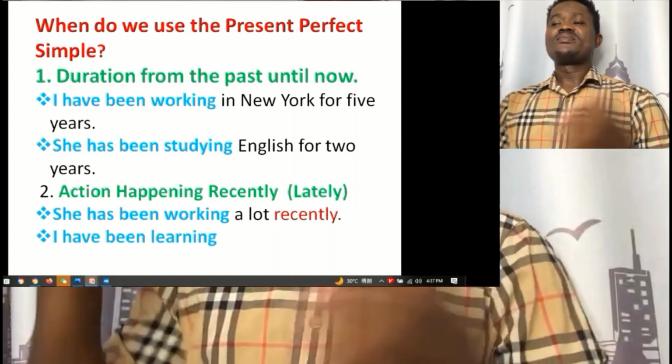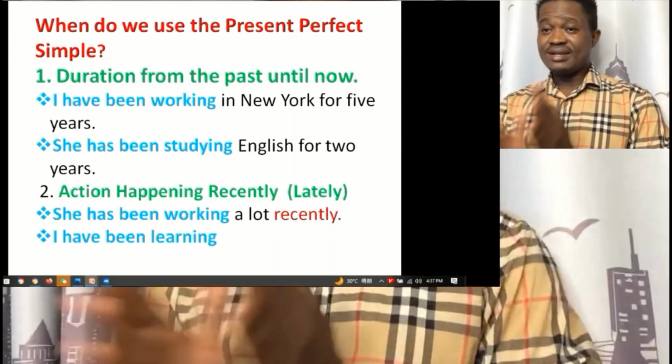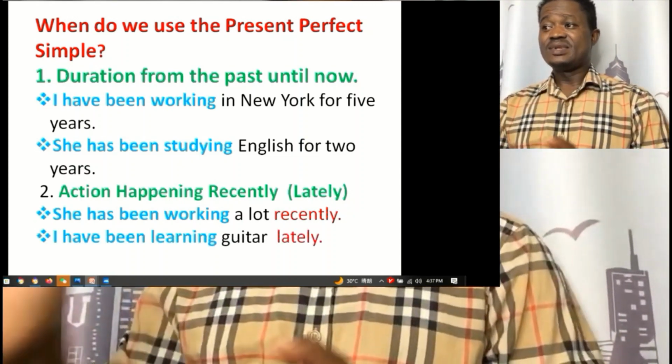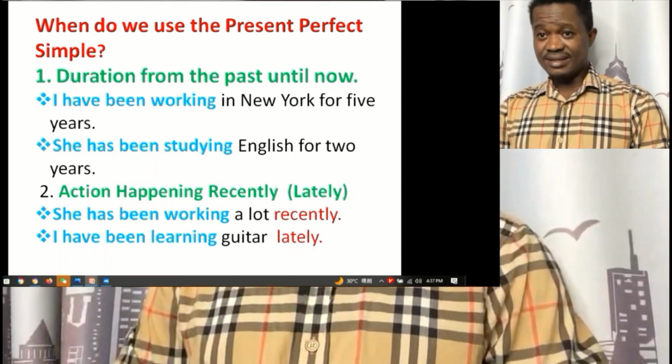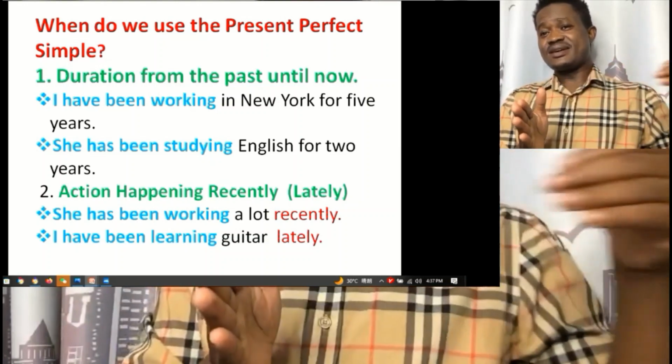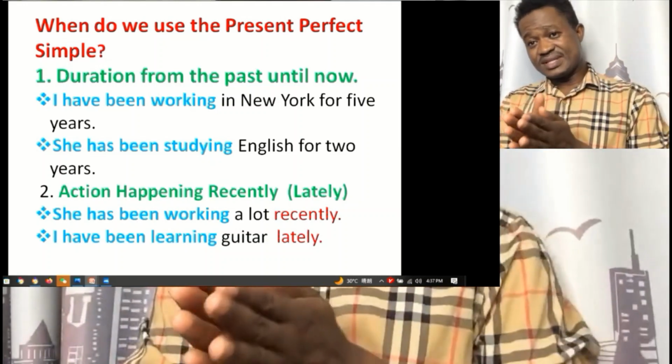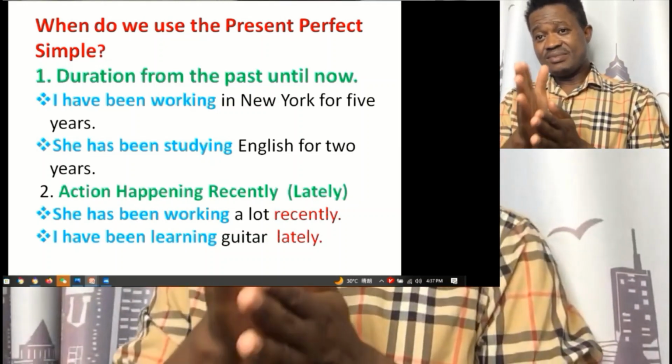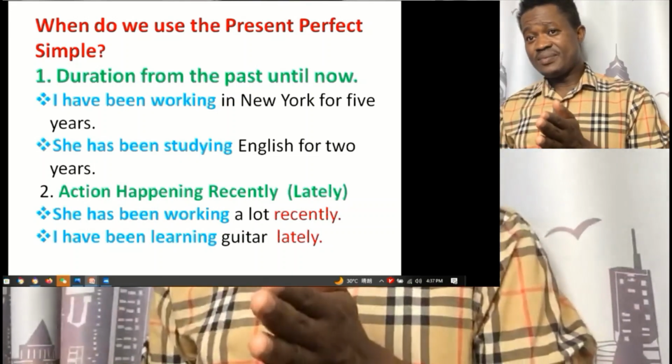I have been learning guitar lately. So this action started in the past and continued in the present moment, but it just stopped.